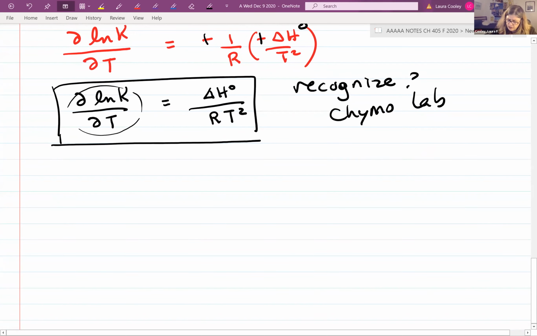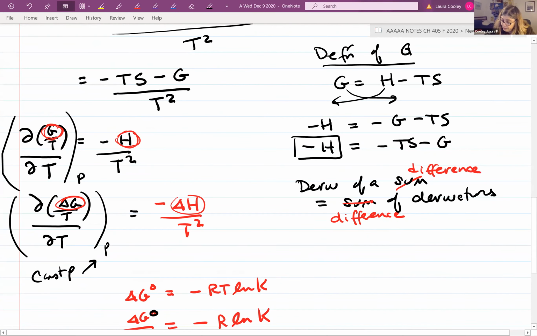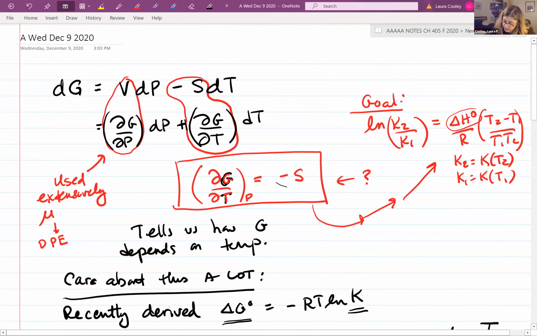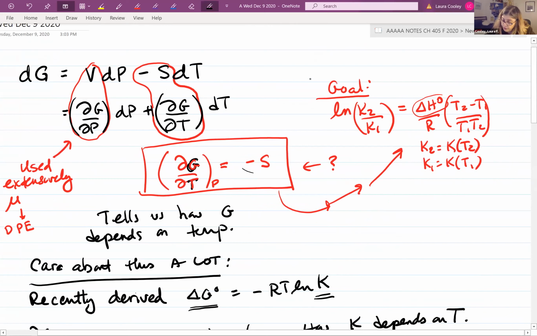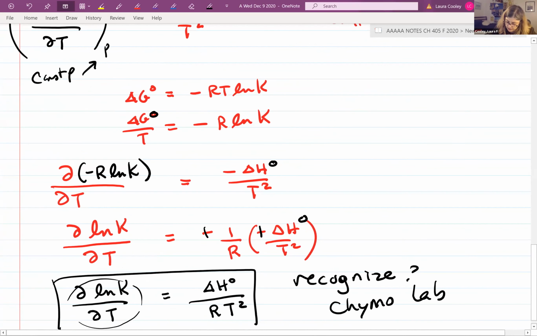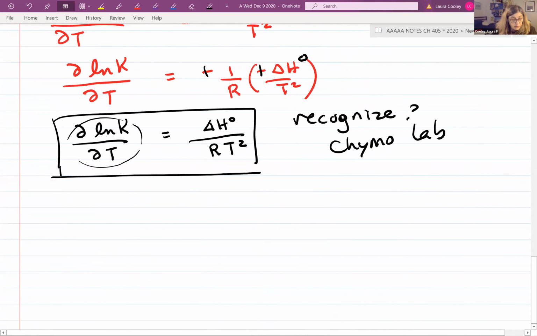But anyway, let's think about this first before I go ahead and integrate it, because this equation that we're aiming for is actually what you get when you integrate that equation, right? This is the integrated form, but we're going to do that in a minute. First, let's take a look at this and see what we can tell.